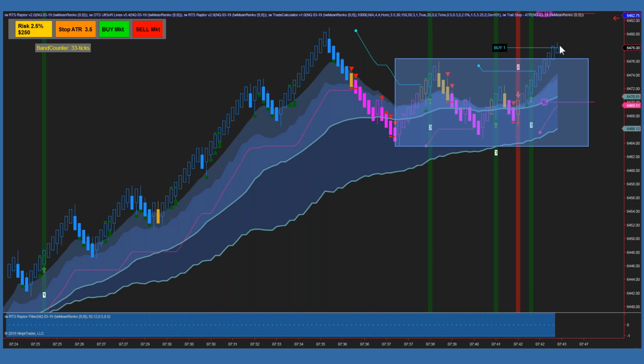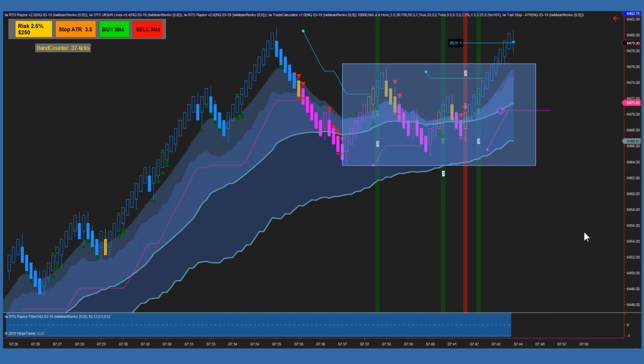This is now the breakout above the range, so we're going to look for a little bit of a pullback. Oh, didn't get it yet. Come on, give me at least one bar.